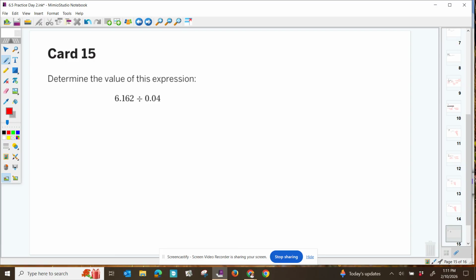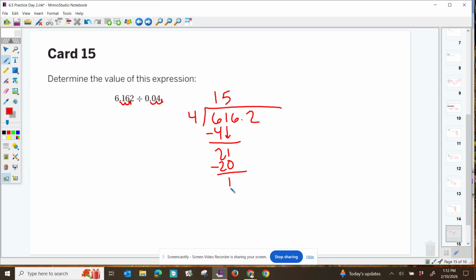Okay, not so bad. We're going to move the decimal point once, twice. I'm going to move the decimal points twice. It would be how many times does 4 go into 616.2? 4 goes into 6 one time. Subtract. 21 is a 520. Subtract 16. Ooh, this is where they're going to try to mess you up.